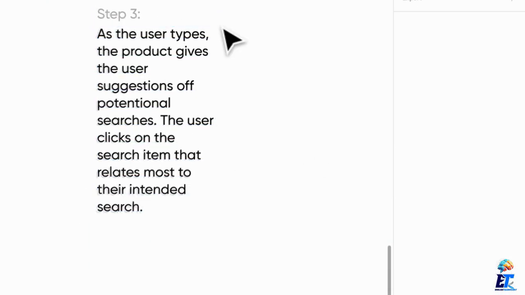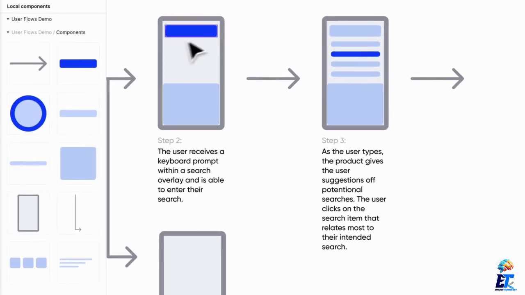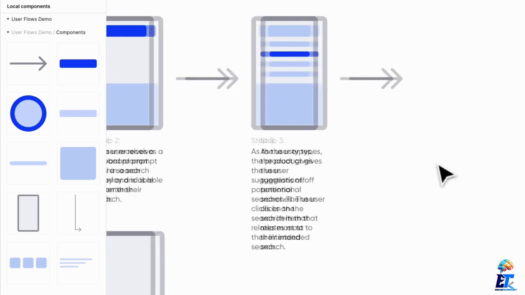So, essentially, what's happening here is the user is clicking on here as they are typing. They are getting suggested results, and the user can actually just not click one of these, but they can just keep on going and click enter or whatever that CTA is within the keyboard. But we're just going to highlight that they can actually click through a suggested result.